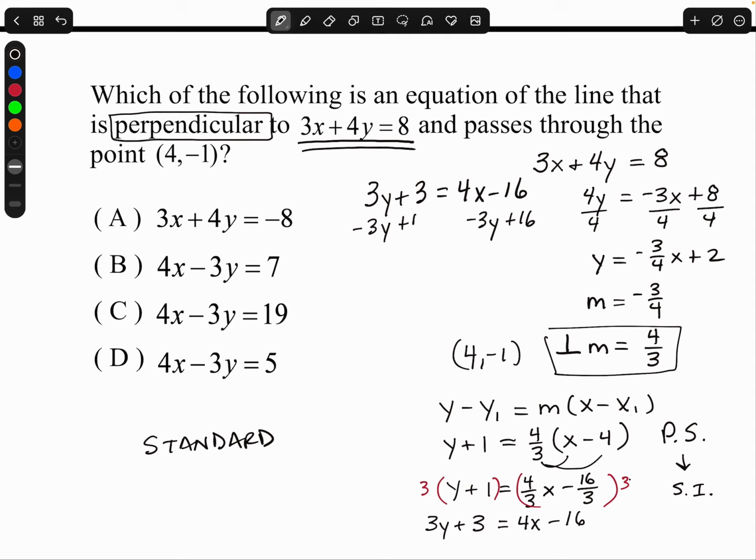Let's just get our y's over with our x's. And then I'm going to add my 16, so my constant terms are all together. So that zeroes out. That zeroes out. We have 19 is equal to 4x minus 3y. Do we see that one here? I think we do. That would be this one right here.